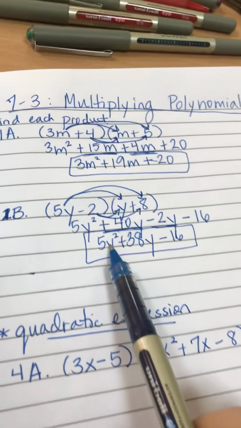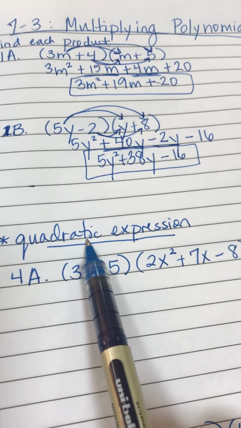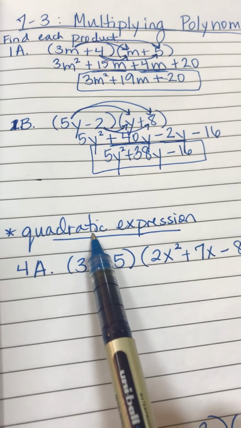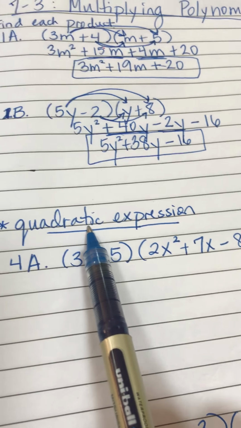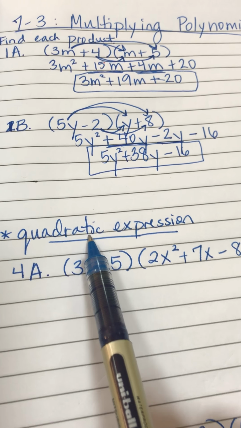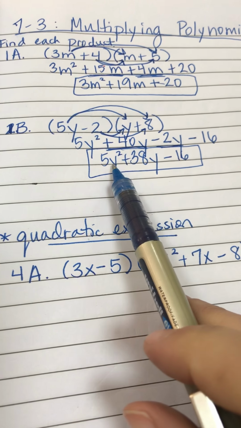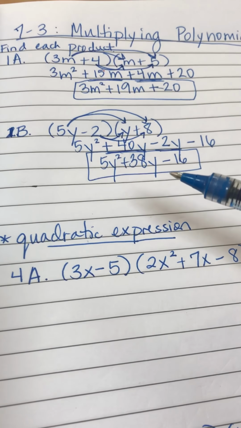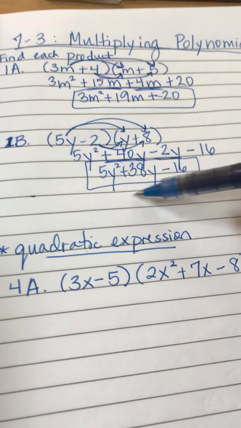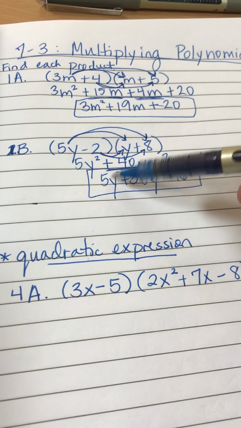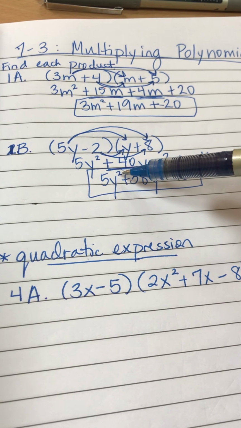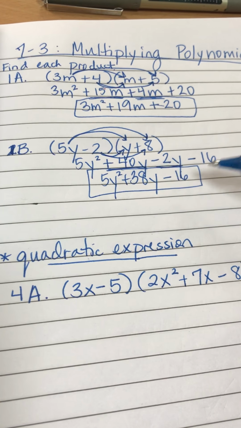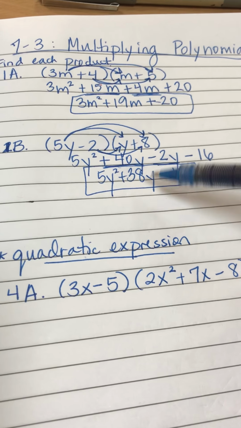Okay, a quadratic expression is one of the vocabulary words in this section. A quadratic expression is just any expression that has one type of variable. So see, these are all y's, these are all m's, with a degree of 2. The whole polynomial, the highest degree is 2, so the whole polynomial has a degree of 2.